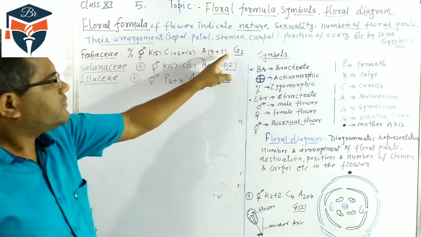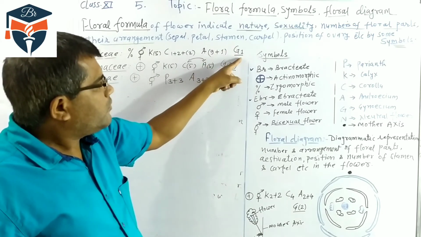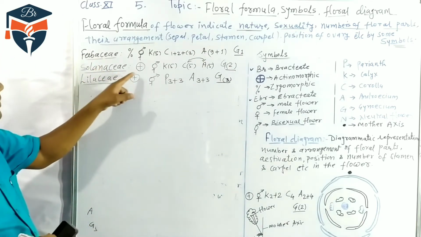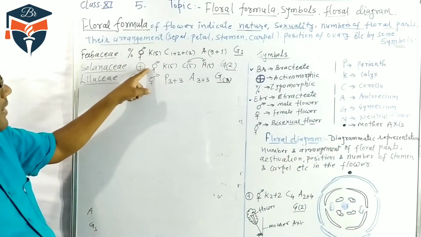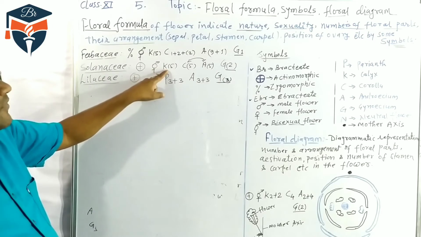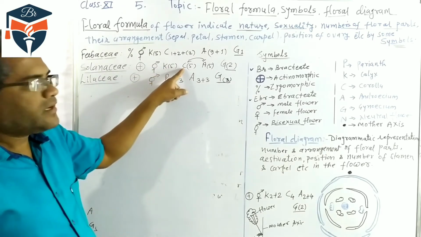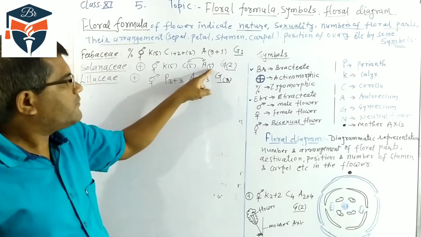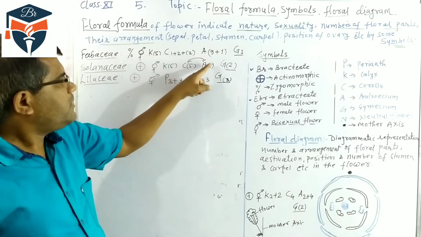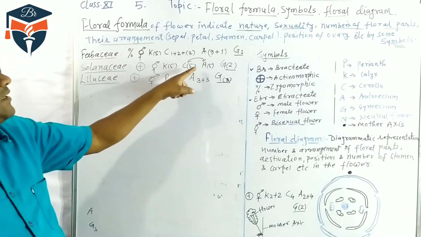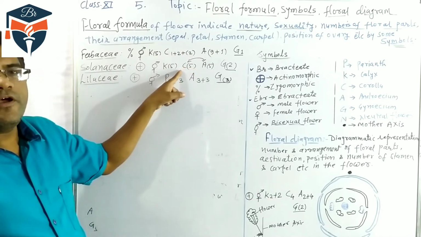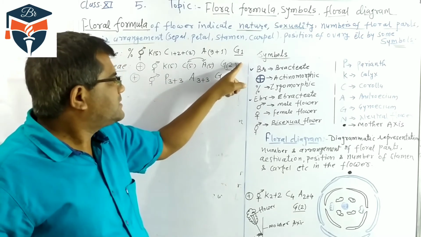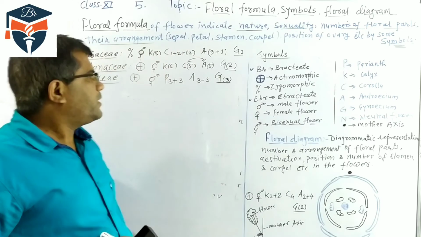So it is diadelphous, and here the ovary is monocarpellary and superior. Solanaceae family, actinomorphic flower, bisexual flower, sepals 5, they are fused, petals 5, they are fused, androecium stamens 5, they are fused, and it is the epipetalous condition. It means the stamens are attached with the petal, and here it is bicarpellary, syncarpous, ovary superior.